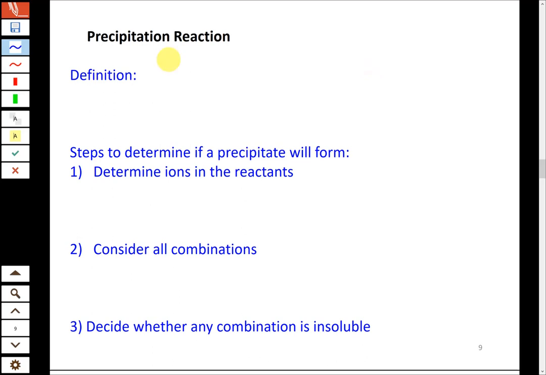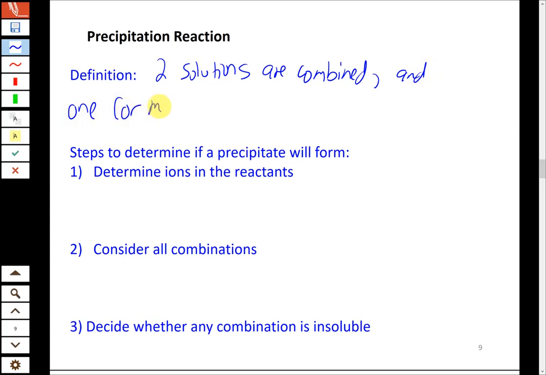So we combine 2 solutions where the reactants are both dissolved. But then during the reaction, one or sometimes more than one insoluble product forms. And when you form an insoluble product, we call that the precipitate.